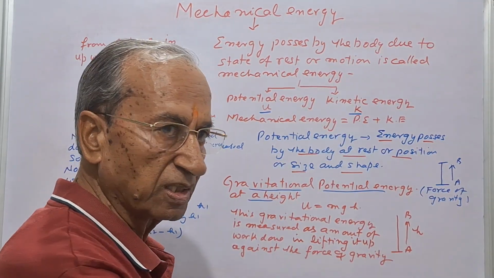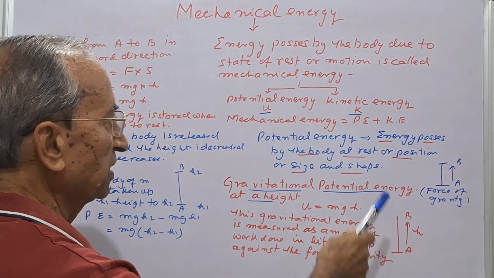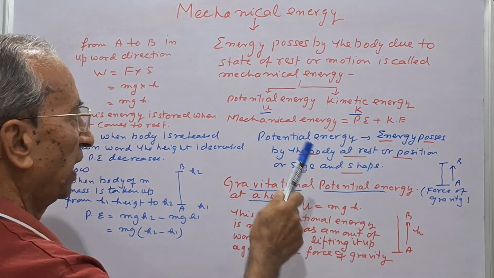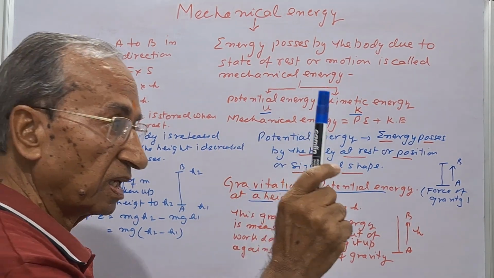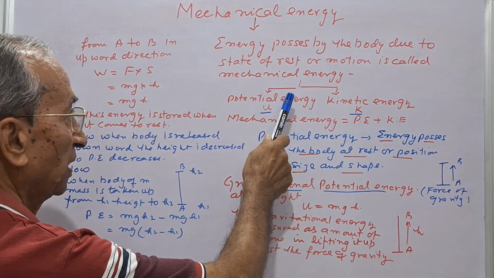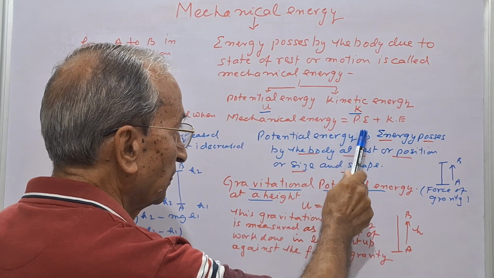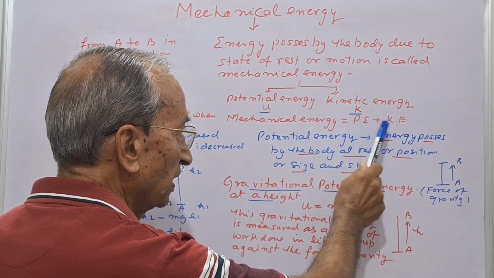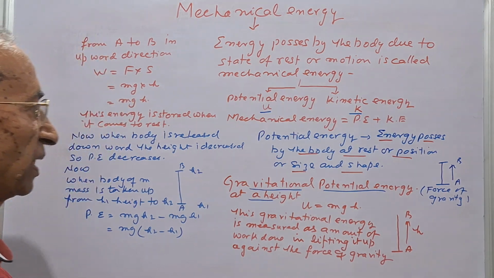So it is in motion. The energy possessed by an object in motion is known as kinetic energy, and the energy at rest, which depends upon the shape and size also, is known as potential energy. The total sum of potential energy and kinetic energy is equal to the mechanical energy.